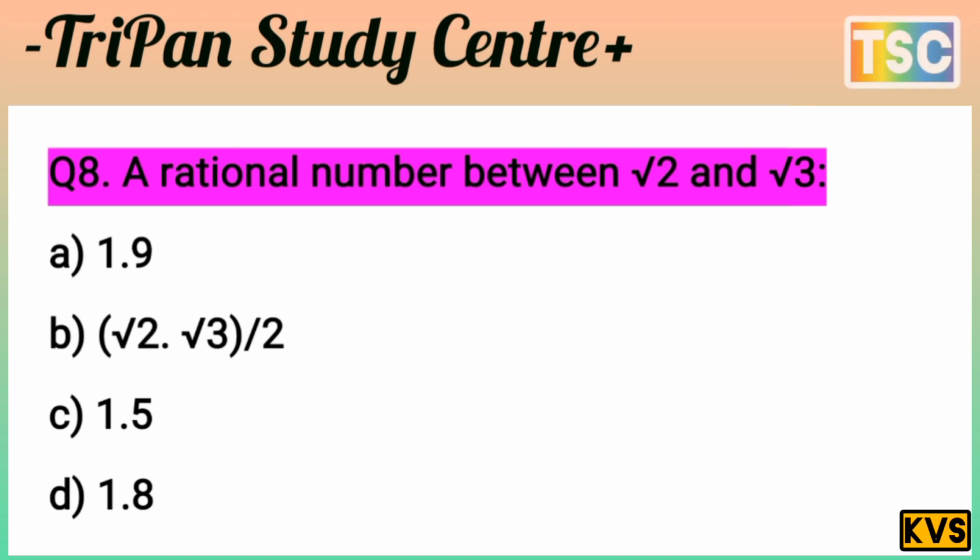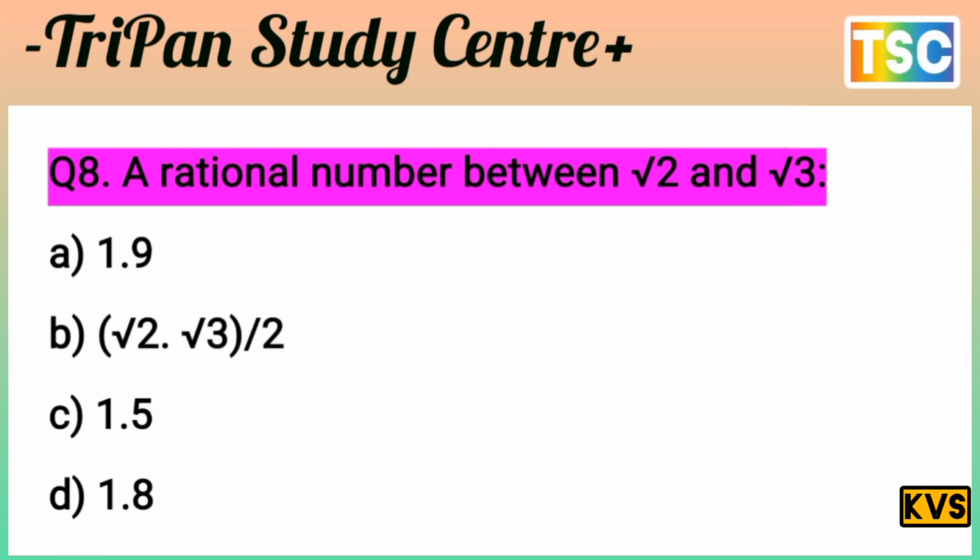Let's see the answer. The question is very clear: the rational number between under root 2 and under root 3 is 1.5. 1.5 is correct here, which means option C.